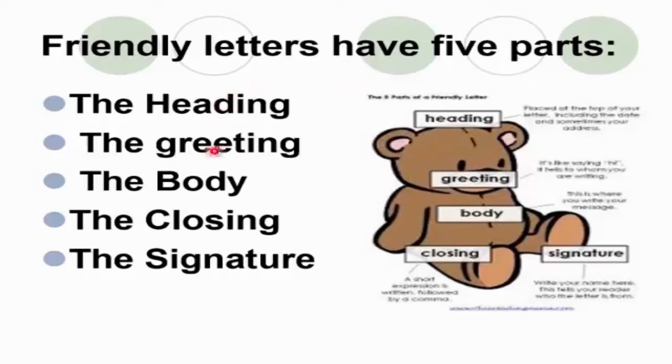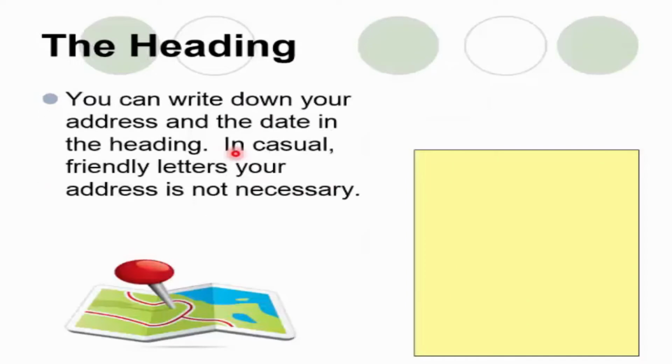So there are 5 parts: the heading, the greeting, the body, the closing, and finally the signature. In the next slides we are going to have more information about each one of these different parts.